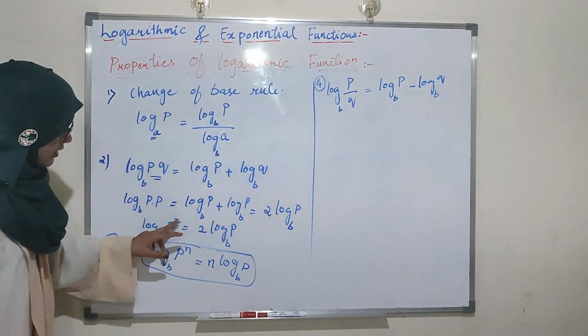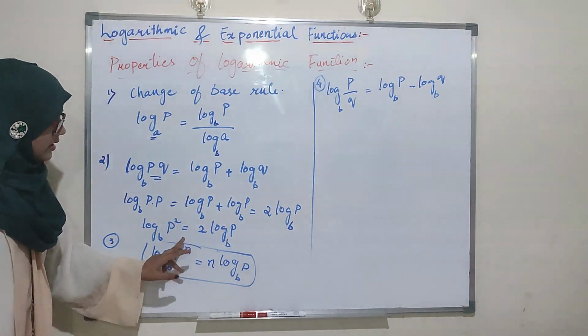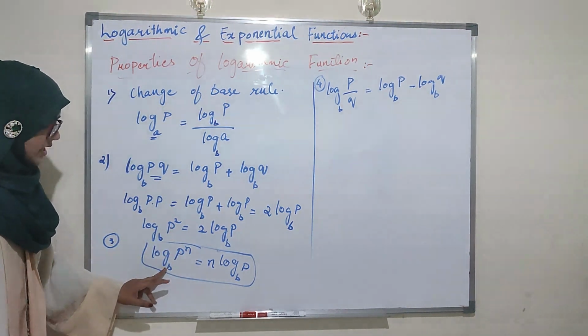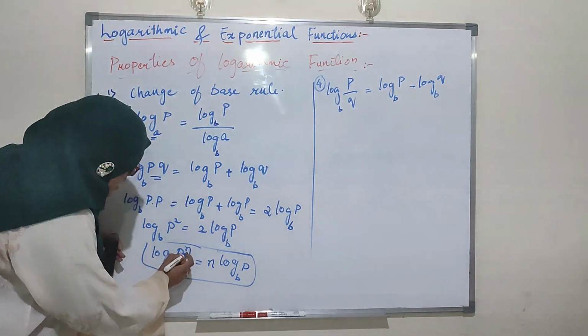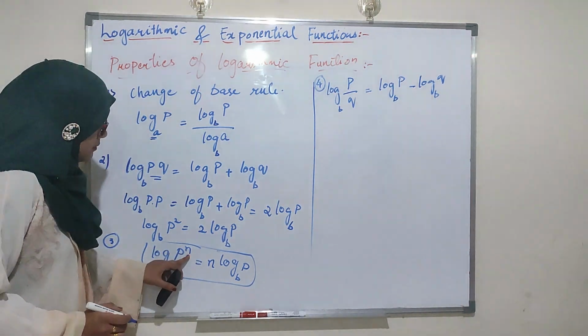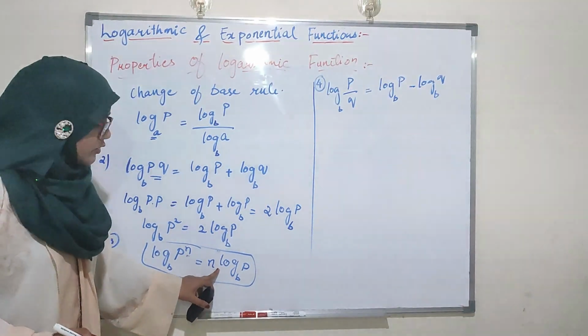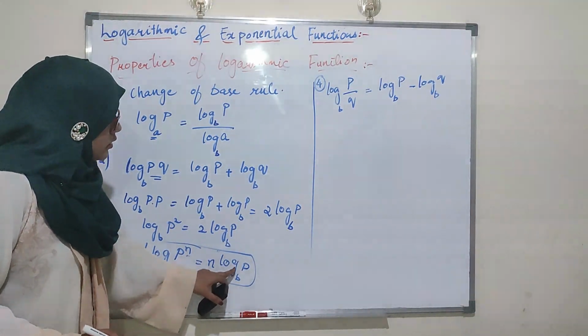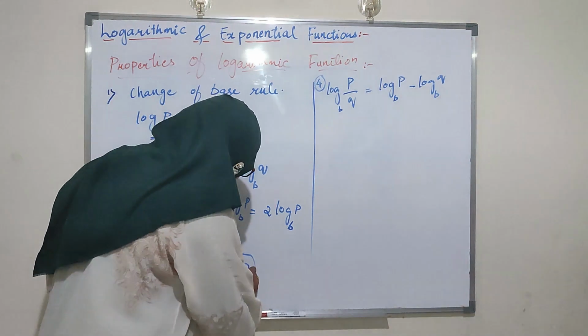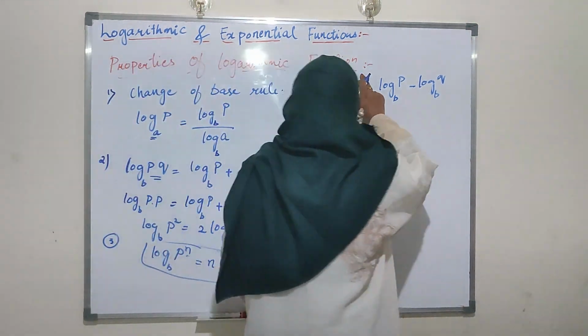In general, I am replacing 2 by n. If we have log of p raised to n to the base b, we have to multiply this power n into log p to the base b. This is the third property.